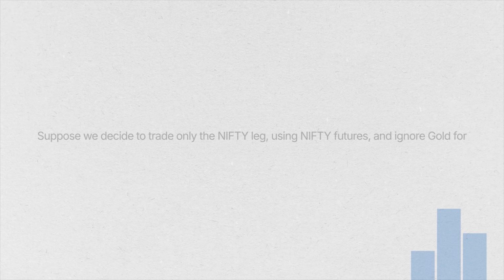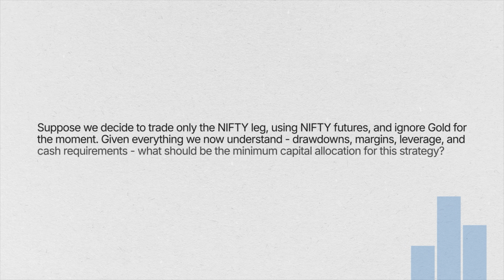Now here's the question I want to leave you with. Suppose we decide to trade only the NIFTY leg using NIFTY futures and ignore the gold for the moment. Given everything we now understand, drawdowns, margins, leverage and cash requirements, what would be the minimum capital allocation for this strategy? Think it through and let me know your answer in the comments.